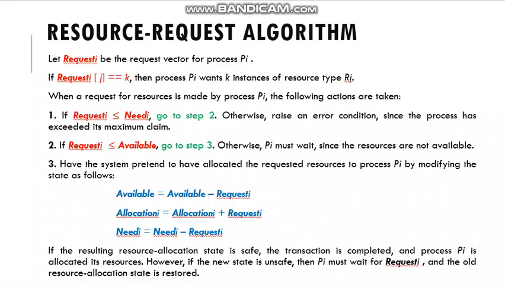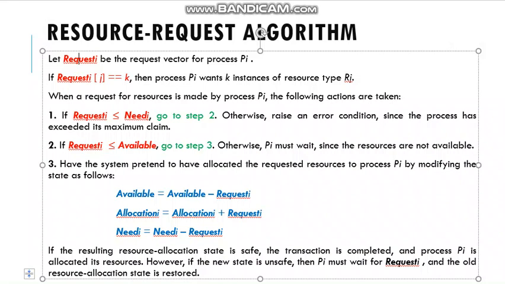The resource request is actually the banker's algorithm, where for any request, whenever a process makes a request, it first takes it as k instances, how many instances it needs. Then if the request is less than the Need, and the request is less than Available, it will go to this step, and Available becomes Available minus Request, then we allocate those many resources to that process.